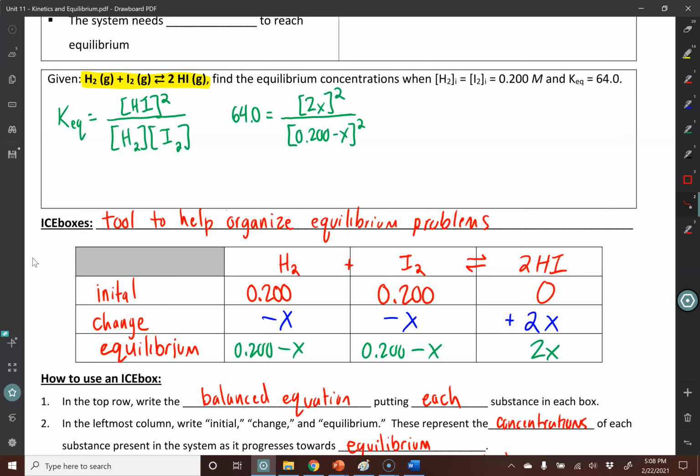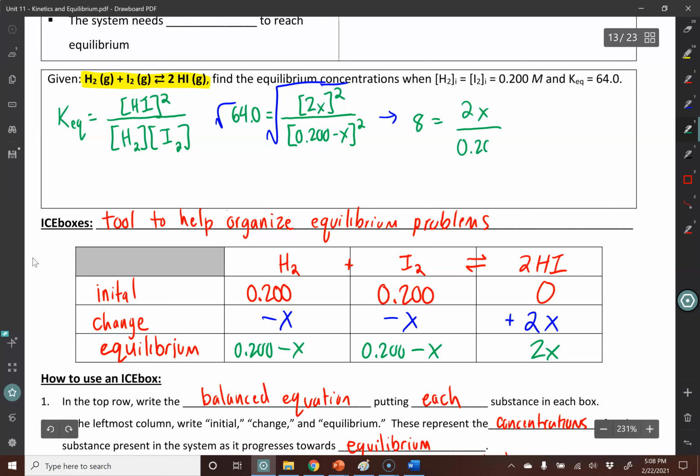Fortunately here, you might notice that we have perfect squares. I can take the square root of both sides, and I can end up with the square root of 64 is 8, equals 2x over 0.200 minus x. So I've got 8 times 0.200 and 8 times negative x.